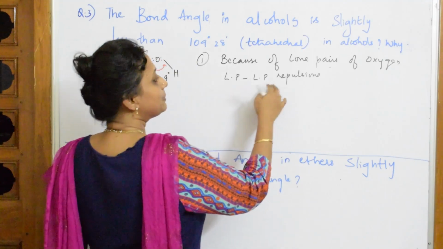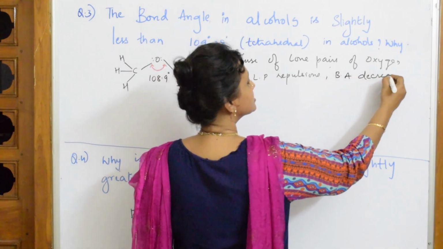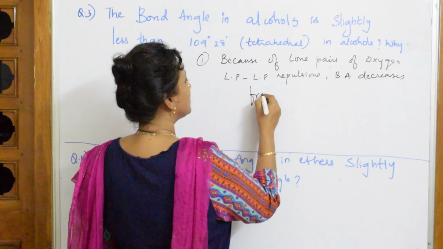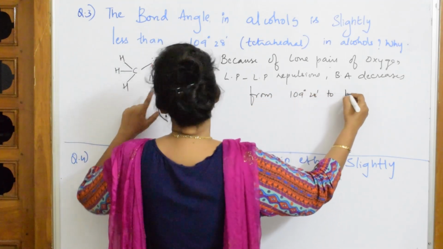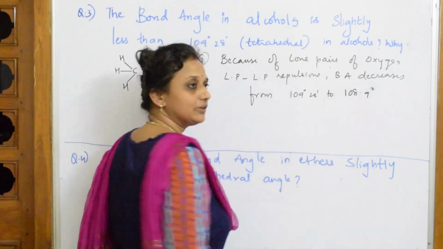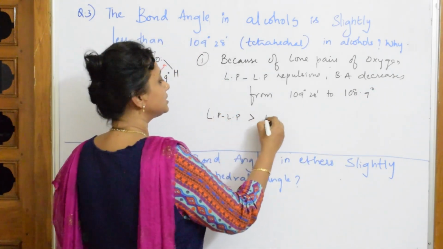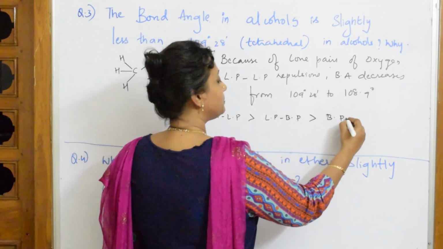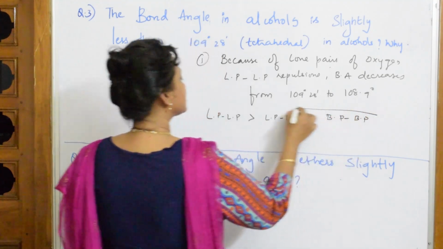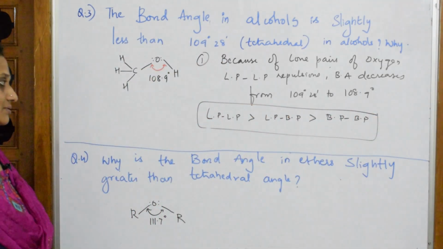LP repulsions: bond angle decreases from 109 degree 28 minutes to 108.9 degree. We very well know LP repulsions are stronger than BP repulsions. This is your main reason. If you just mention this and show them the concept, the answer is complete.